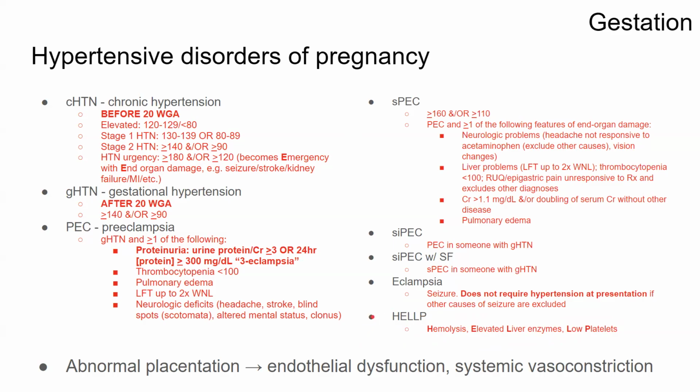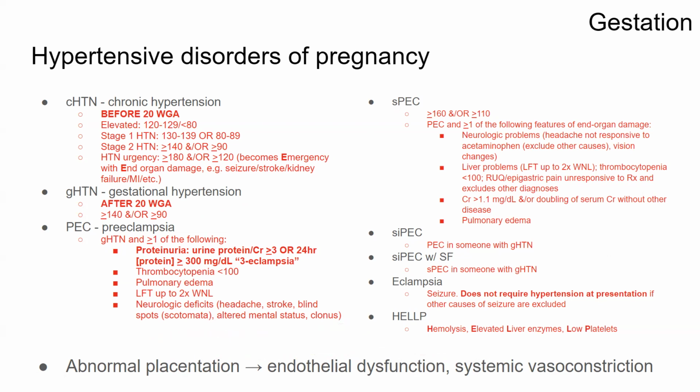You may or may not get a question on the etiology of preeclampsia, but it all comes from abnormal placentation, which leads to endothelial dysfunction and systemic vasoconstriction. So you don't really have good spiral arteries, and you have really weird modeling of the placenta.